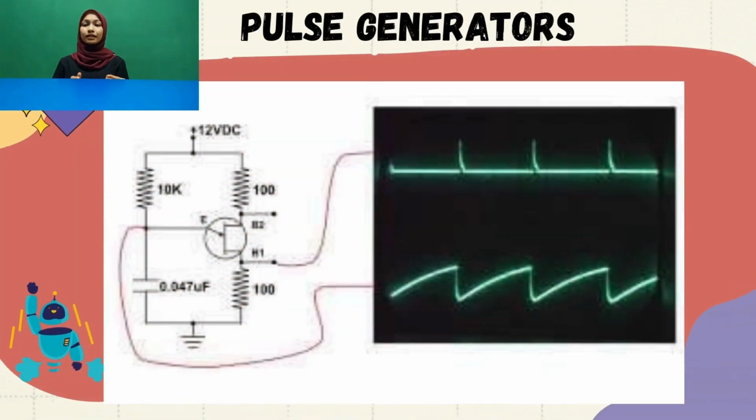Next, a pulse generator in simple terms is a device designed to produce electrical pulses or waveforms with specific characteristics, providing precise timing in various electronic applications. There are several types of pulse generators serving unique purposes. We have monostable multivibrators, which generate a single pulse in response to an external trigger.